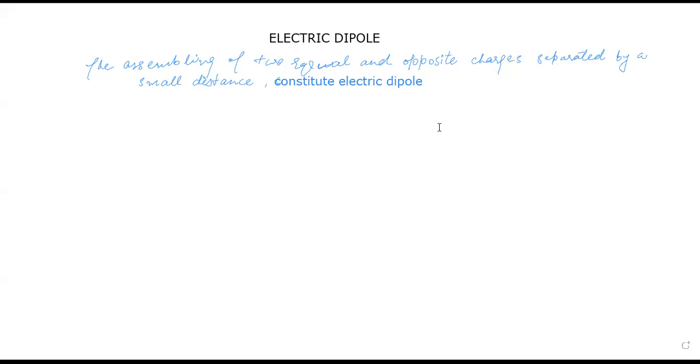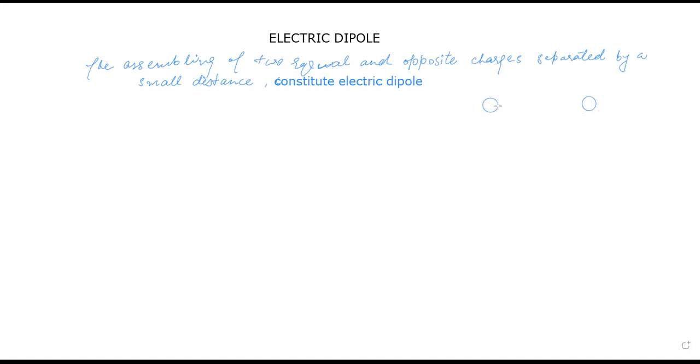What does it mean? It means that when two equal and opposite charges of the same magnitude are kept at a very small separation, then this formation is said to be a dipole.